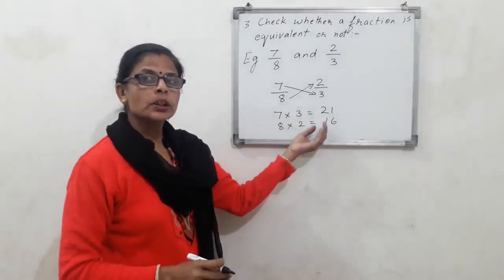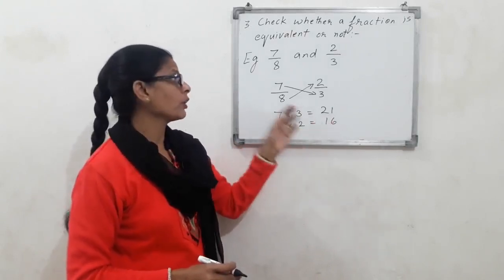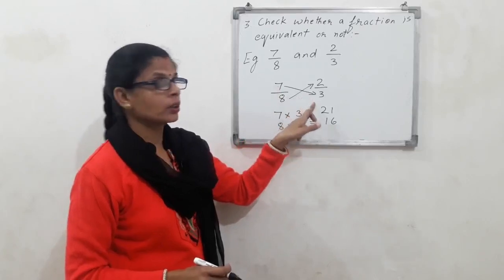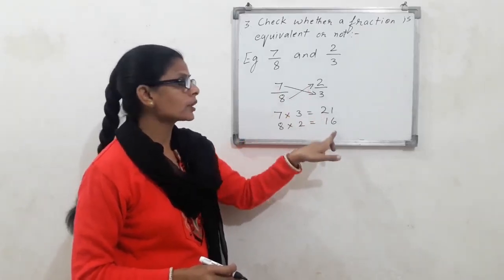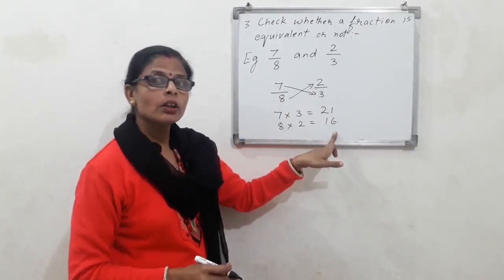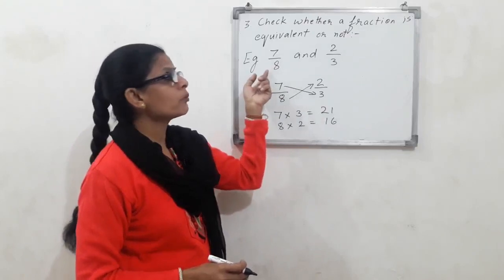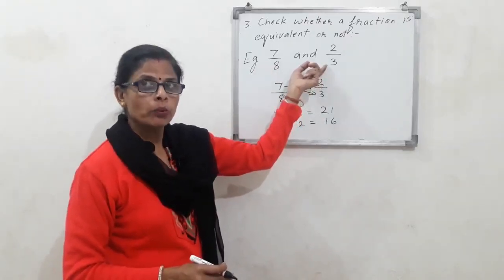Are both the products the same? No. The products are not the same. When we multiply 7 by 3, the product is 21. And when we multiply 8 by 2, the product is 16. So both the products are not the same. So 7 upon 8 and 2 upon 3 are not equivalent.